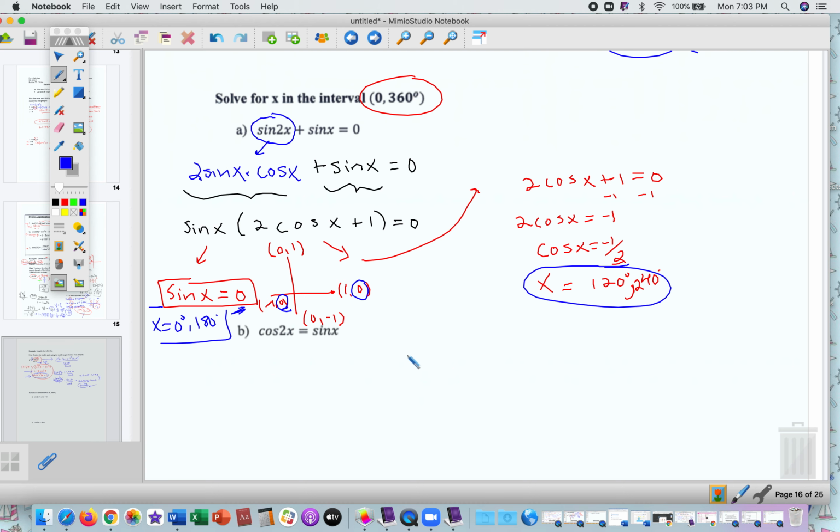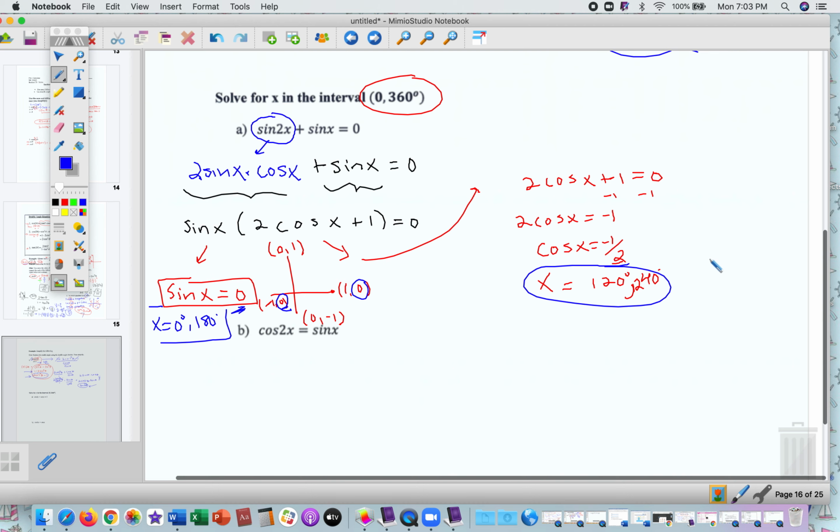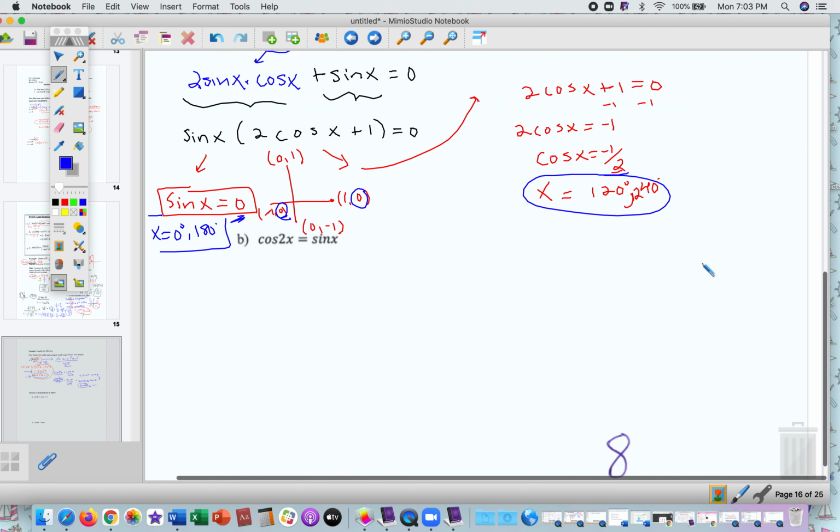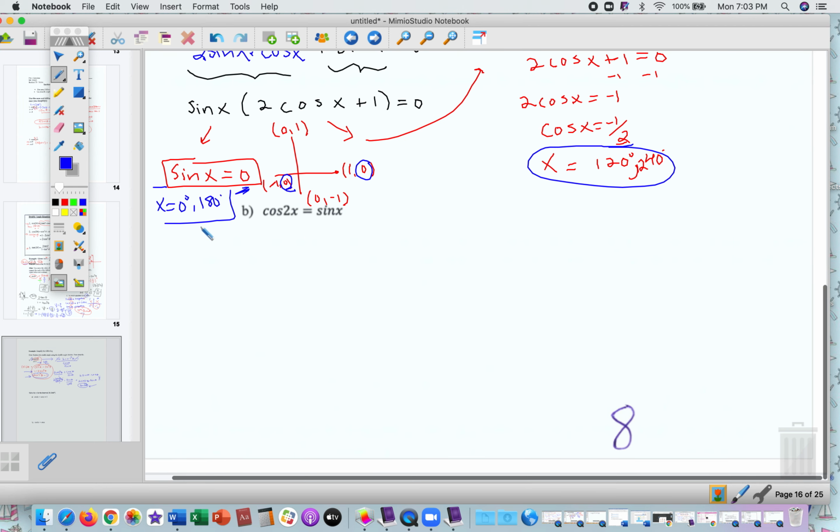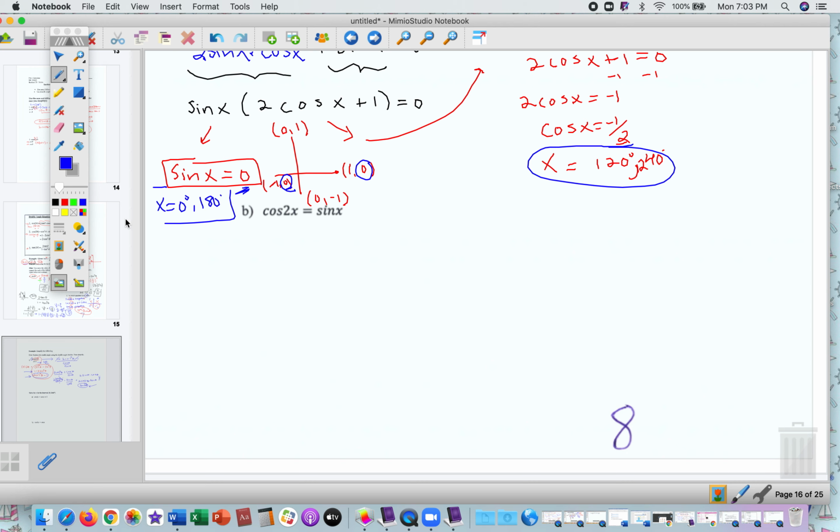Last one for this page. So this one says cos 2x equals sine x. We know we want to replace cos 2x or cos 2 theta with one of our identities, right? The cos one, you have to be careful, right? There's a few options. So we would have cos squared x minus sine squared x is an option. 1 minus 2 sine squared x.